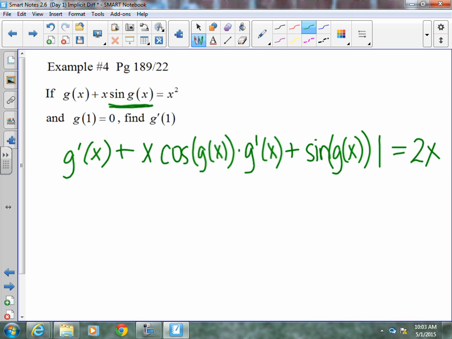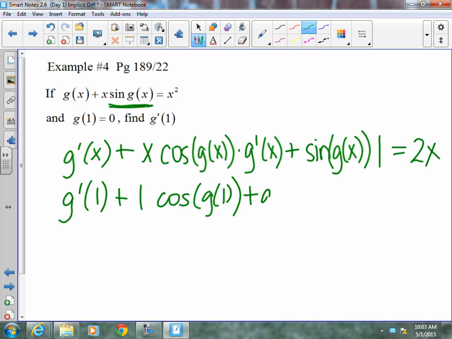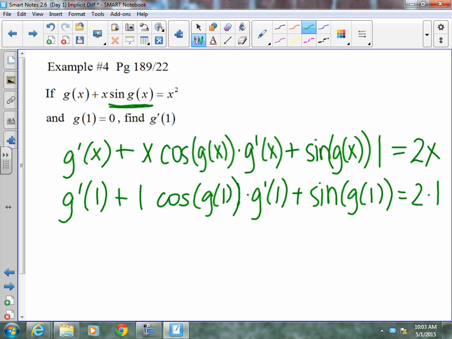So, at this point, they wanted us to find g prime of 1, so I'm going to plug 1 in for all of my x's. g prime of 1 plus 1 times cosine of g of 1 times g prime of 1 plus sine of g of 1 equals 2 times 1. So we end up with g prime of 1 plus cosine of 0.